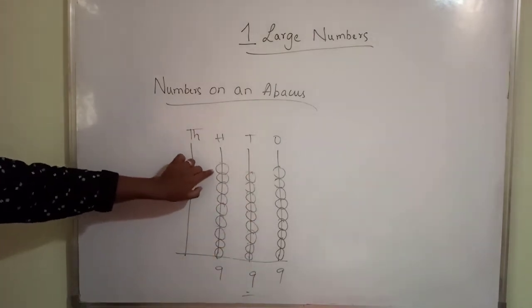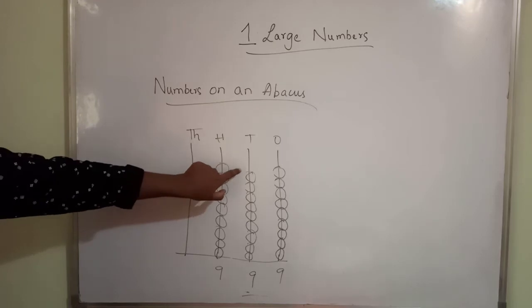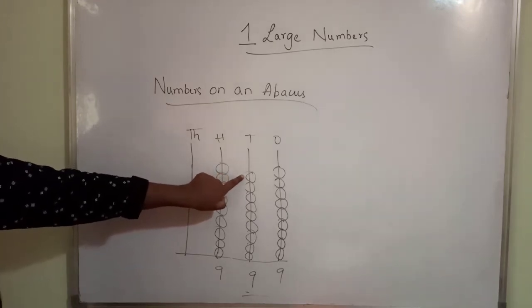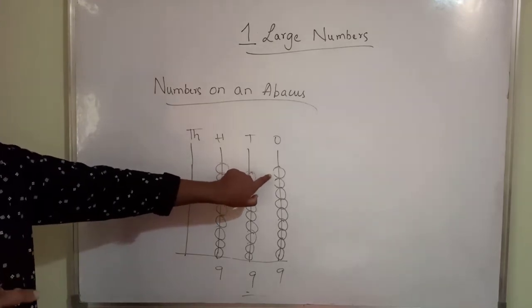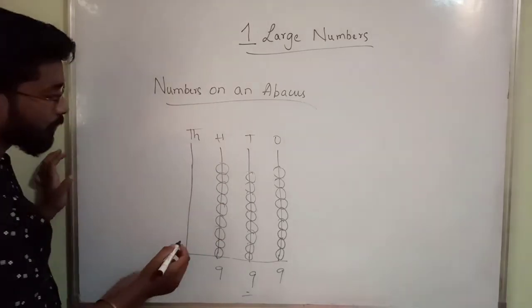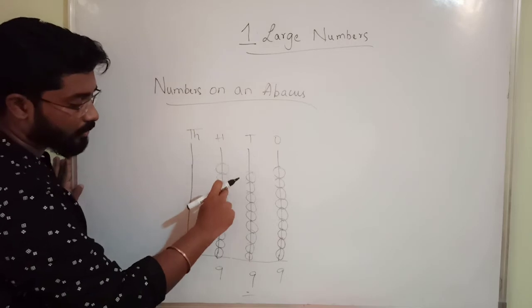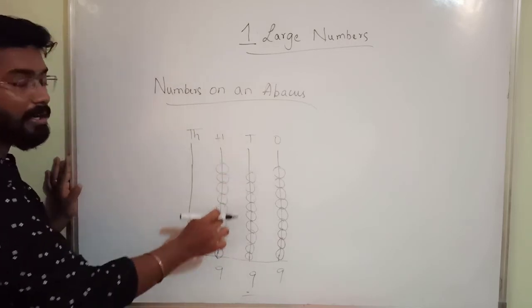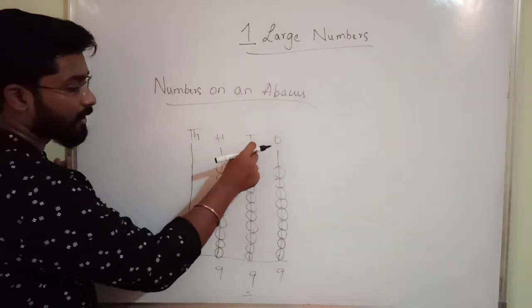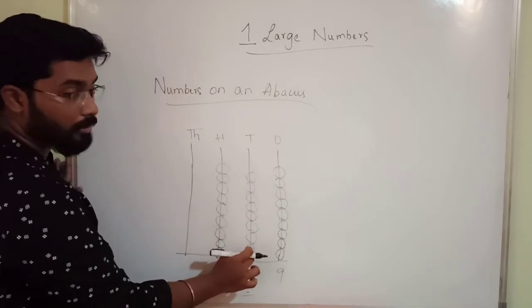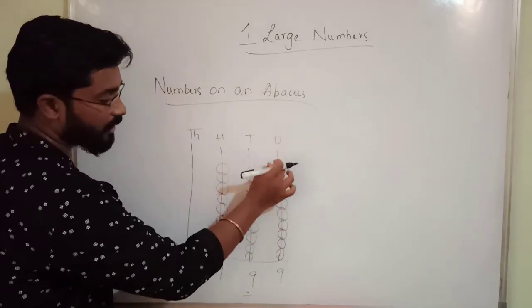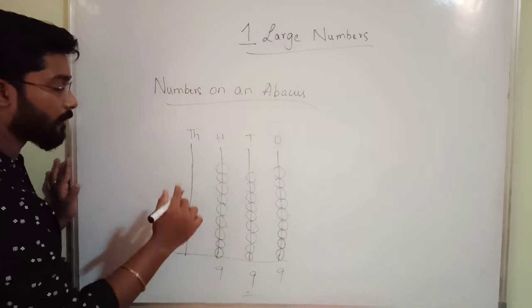Here each bead value is 100. Here each bead value is 10. Here each bead value is 1. This shows the hundreds place, means each bead value in this hundreds rod is 100. Each bead value in this tens rod is 10. Each bead value in the ones rod is 1, like that.